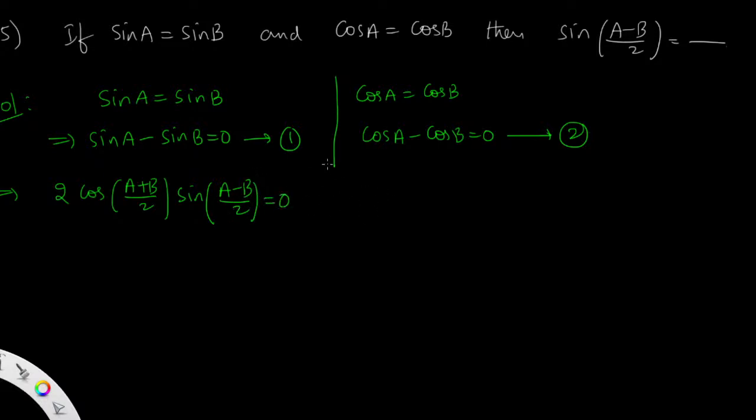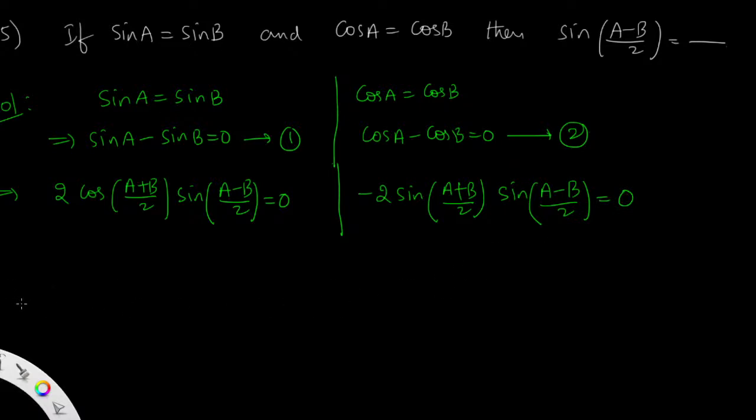equal to 0. And similarly, cos C minus cos D, which is minus 2 sin of (A plus B) by 2 into sin of (A minus B) by 2 equal to 0.